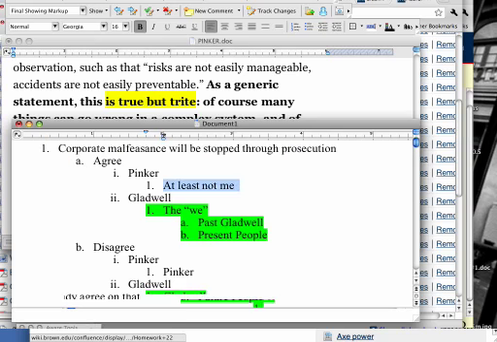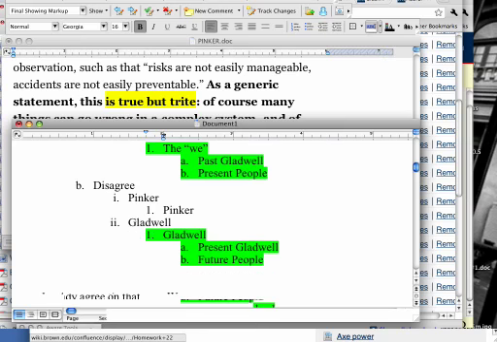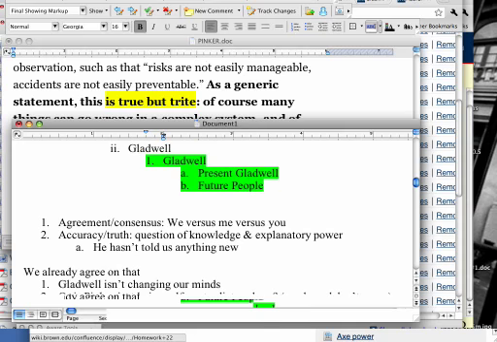That would come from saying that Pinker is on the one hand saying we don't all agree on that, right? To saying he hasn't told us anything new, right? So we don't all agree with that, and we already knew that, right? There's a contradiction there.